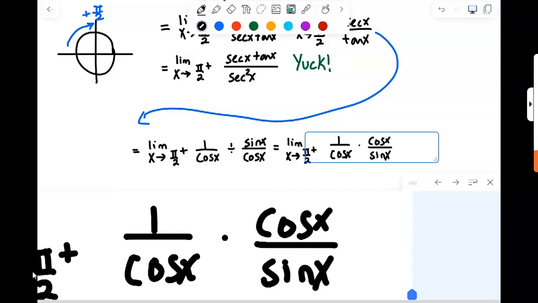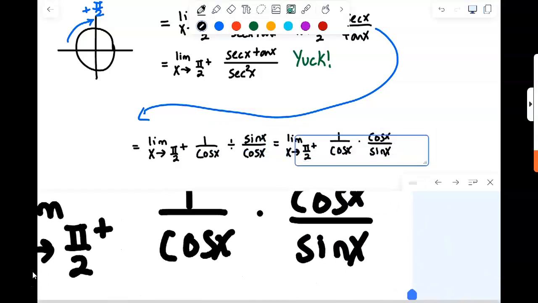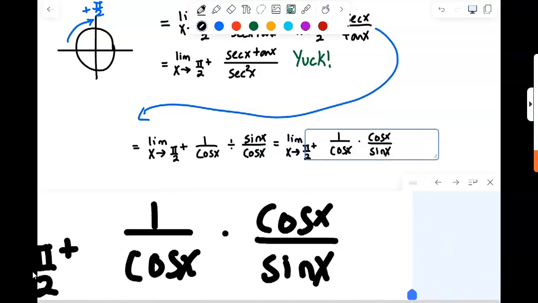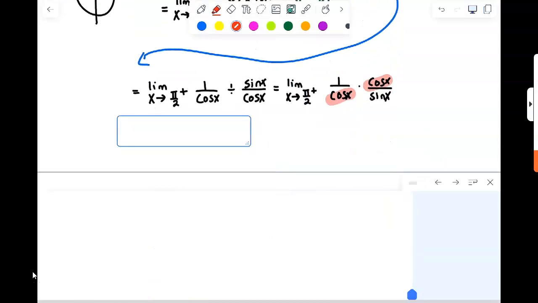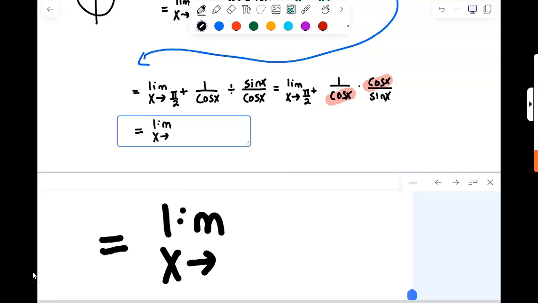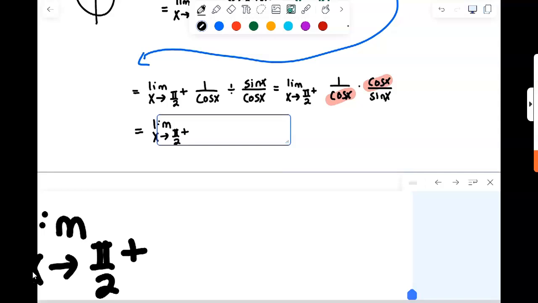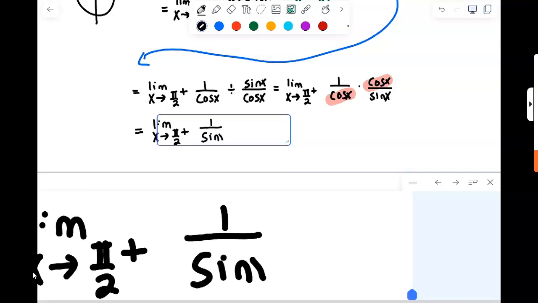Now, as long as I haven't actually hit pi over 2, I can just cancel out those cosines, the top and bottom. And now I have a limit as x approaches pi over 2 from above of just 1 over sine.